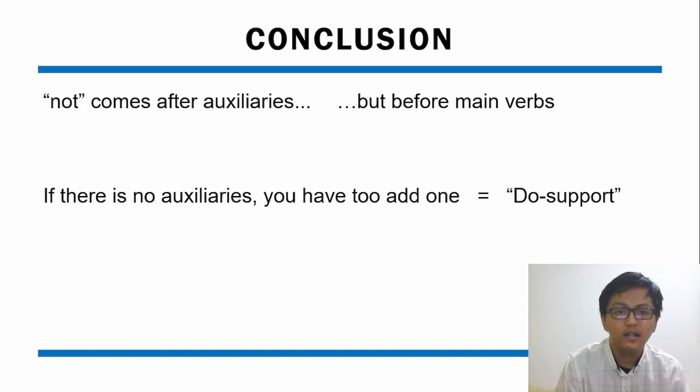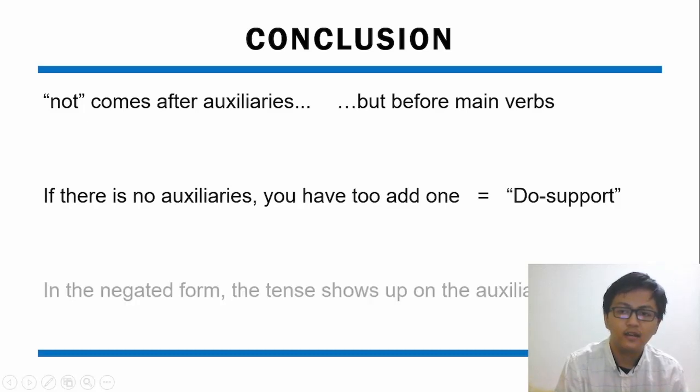This is called do support because the auxiliary that you add is usually a do, so it's called do support. And the last thing we notice is that in the negative form, the tense shows up on the auxiliary instead of the main verb.